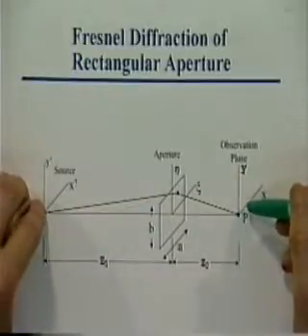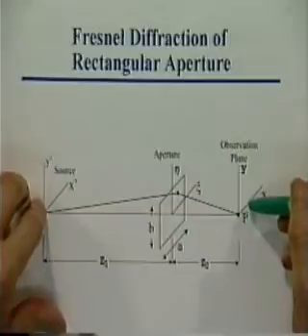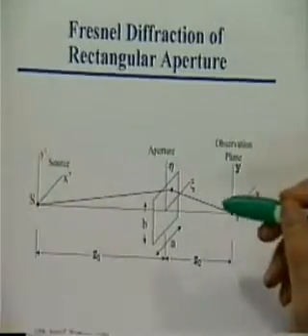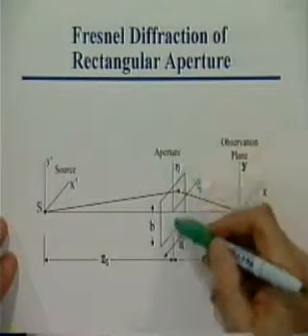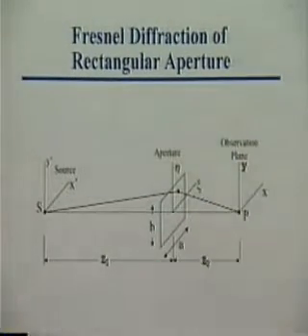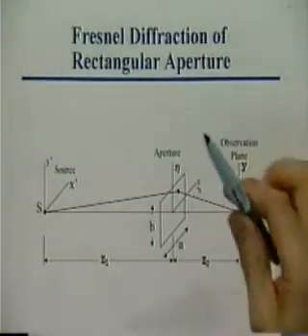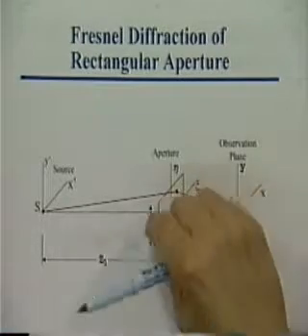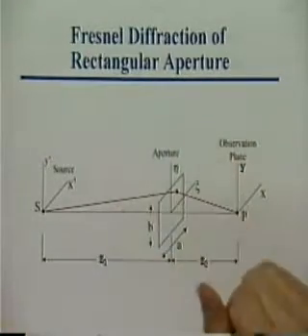And to calculate the irradiance here at different points, we're going to move this aperture around. So we're going to keep the observation screen fixed, and we're going to cause the diffraction pattern to move across this point by simply moving the aperture around.